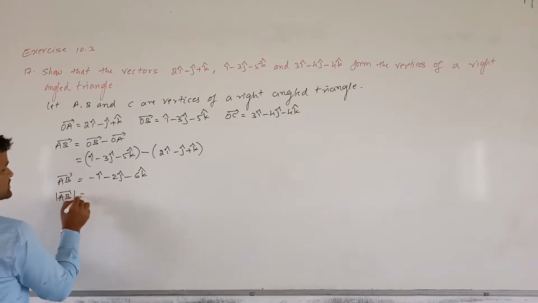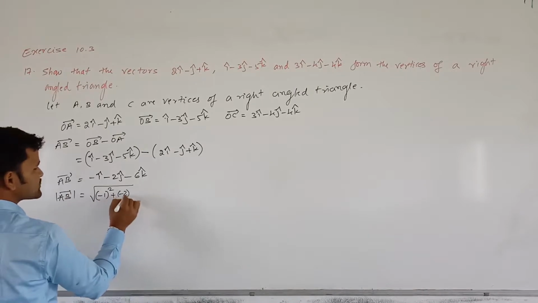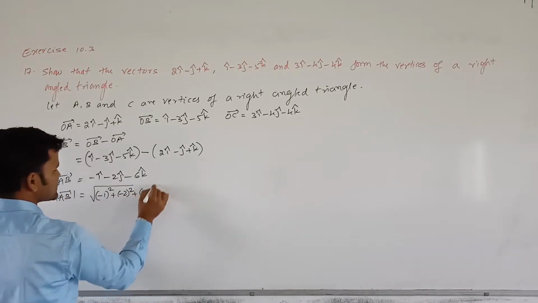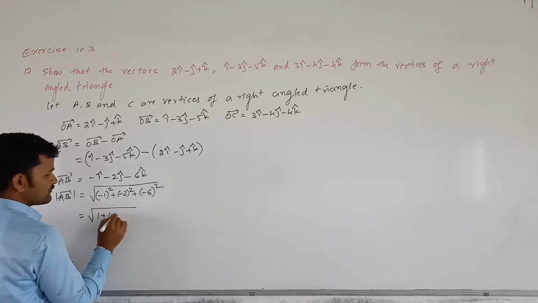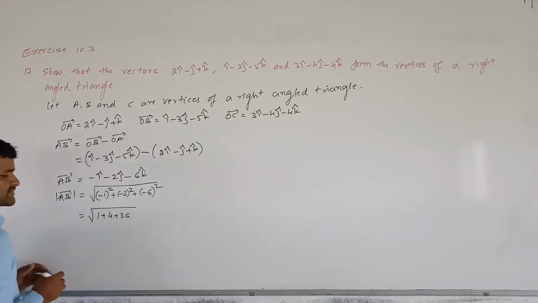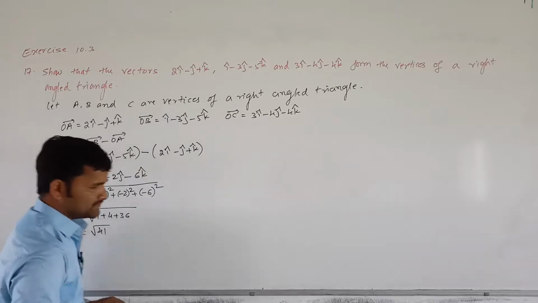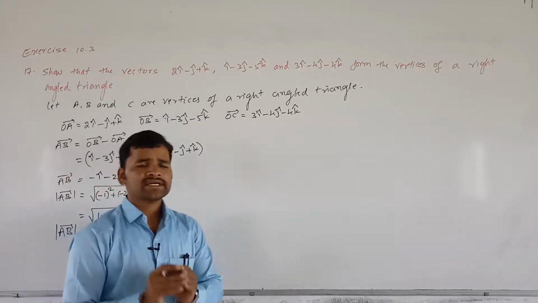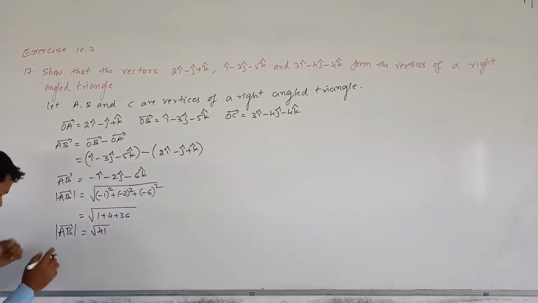Magnitude of vector AB is equal to square root of minus 1 square plus minus 2 square plus minus 6 square. That is square root of 1 plus 4 plus 36, which is square root of 41. This is the magnitude of the side AB. Here we actually want the square of the sides, so let us square on both sides.